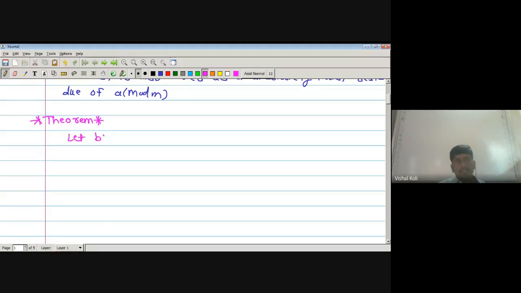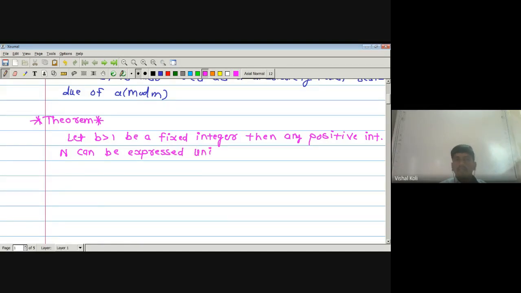Let b greater than 1 be a fixed integer, then any positive integer capital N can be expressed uniquely in terms of powers of b as follows.